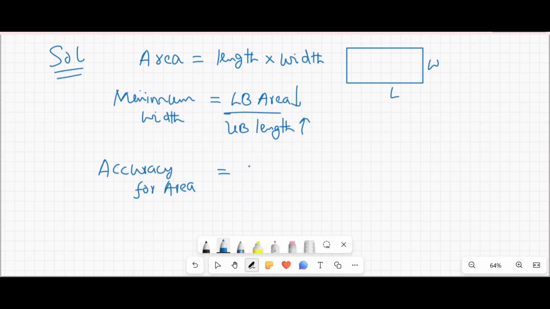So this is the 1 centimeter square. So when you divide this 1 centimeter by 2 you will get 1 by 2 and it's 0.5. So simple, we got 0.5. This is our error term for the area.